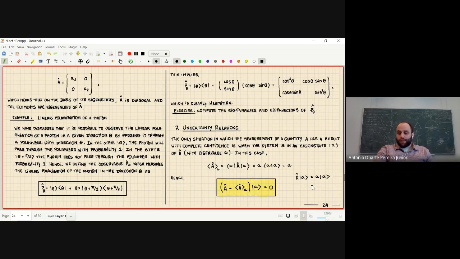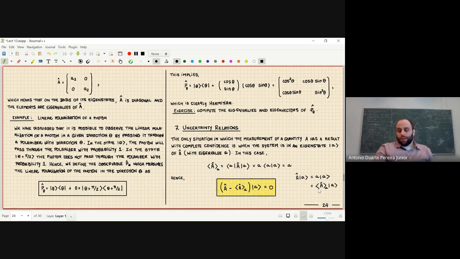I can just rewrite it as the expectation value of A hat in the state |a⟩ times |a⟩, right? This is equivalent because the value of this in the state |a⟩ is just little a.